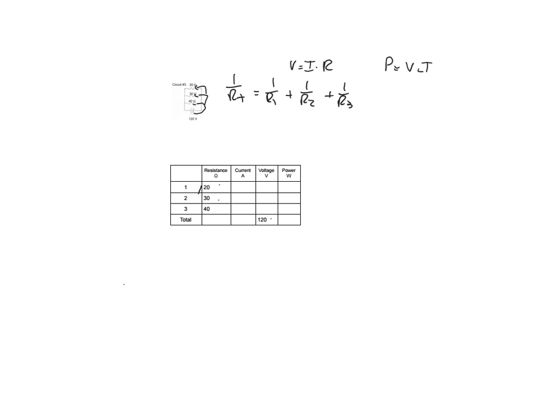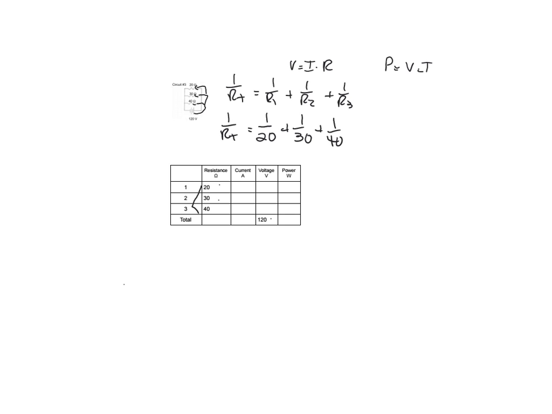So the first step will always be to calculate the total resistance. So RT equals, remember we can use that inverse function, 1 over 20 plus 1 over 30 plus 1 over 40. And then we're going to take 1 over that number to get the final answer.